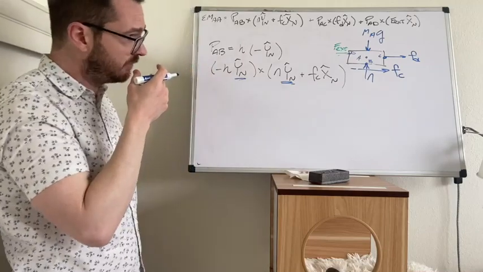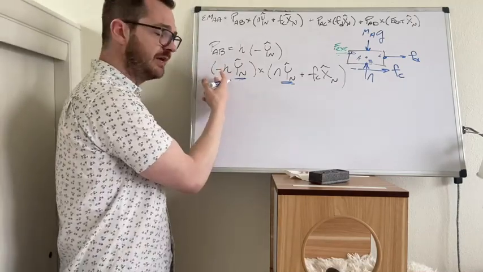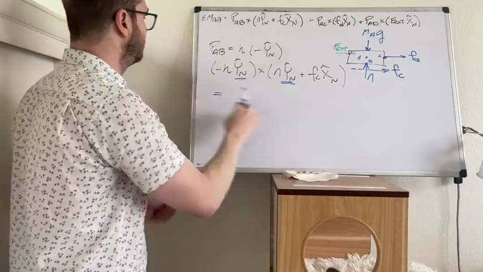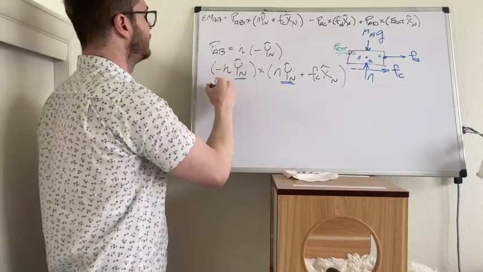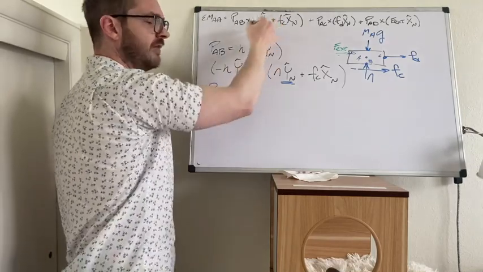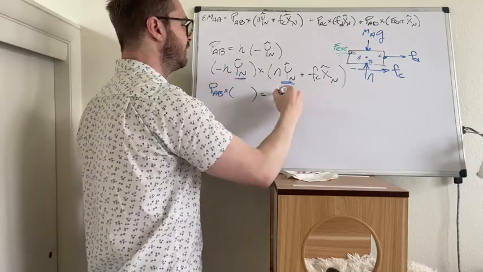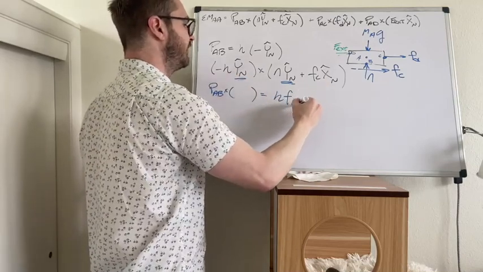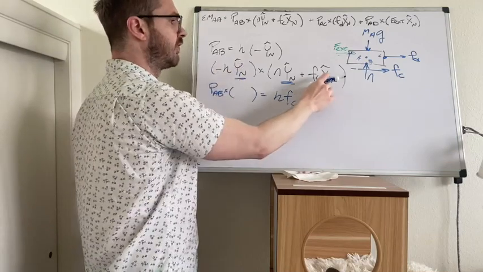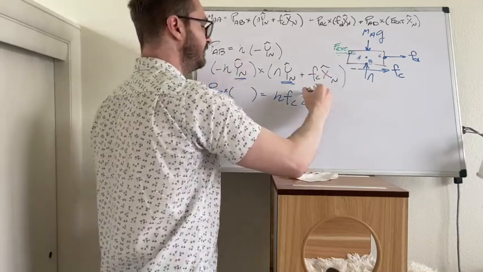Y cross x is by itself negative z. There's a negative here in front. So we're looking at P_A/B cross this first term right here. We're going to have the scalars H times Fc. Y cross x is negative z. Negative in front makes it positive.